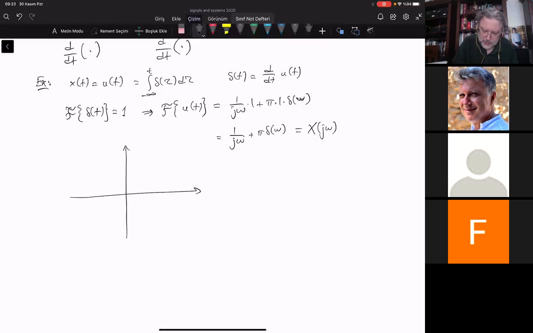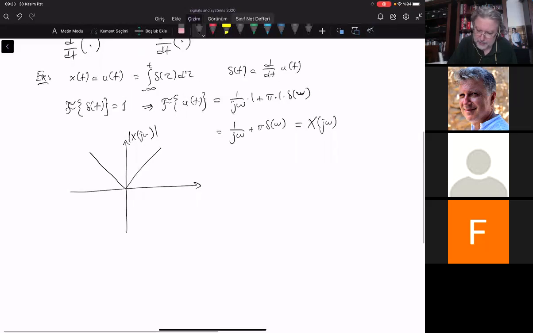Let's plot the magnitude. Sorry, not like that. Excuse me. This is 1 over j omega in magnitude. So it's more like this, with an impulse here whose magnitude is pi.